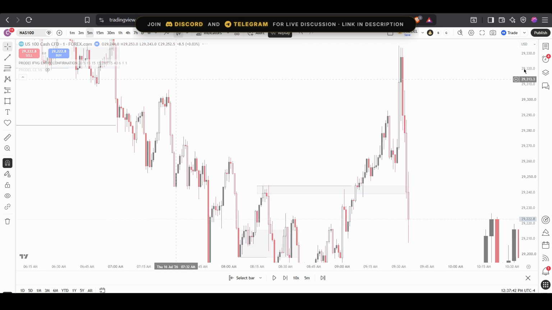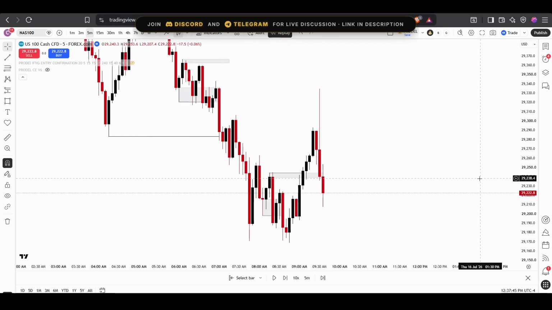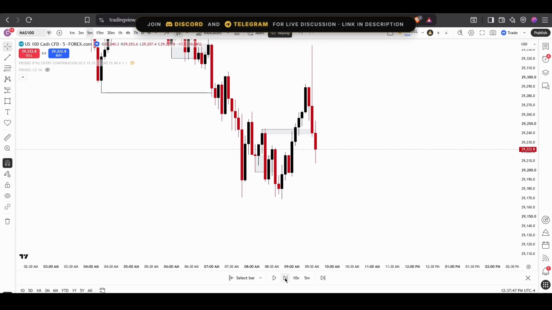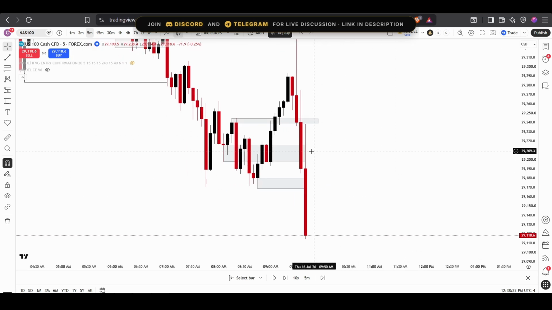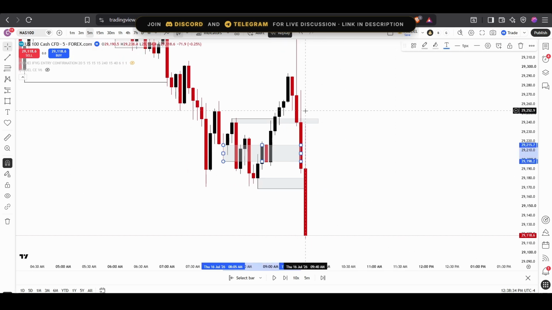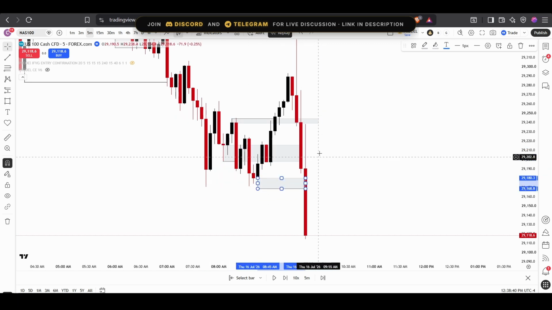Let's see on the 5 minute if there is any level. You can see here, it broke this level and formed the bearish structure to the downside. If you see here, this is the apex level, and here the QM level, and this is the support become resistance become support level, and this is the apex level.